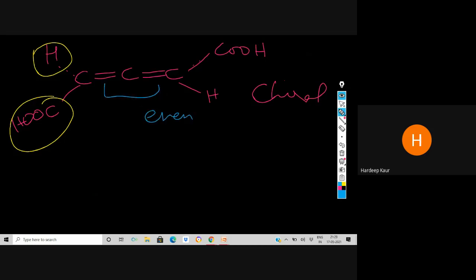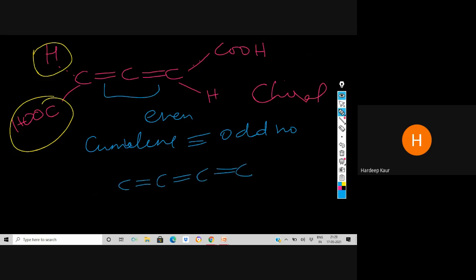So if cumulene, this cumulene will have an odd number of double bonds. In this case, what will happen now? These two groups are not perpendicular at the terminal, they are in the same plane, right?